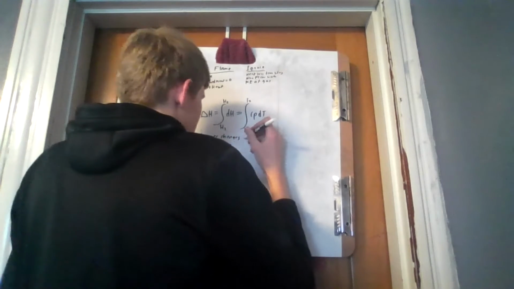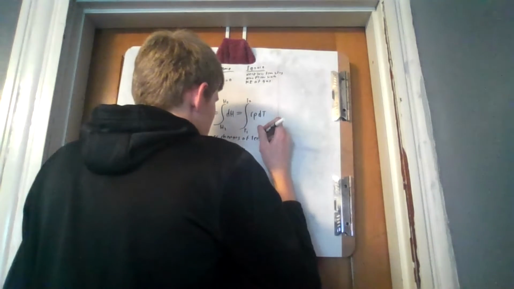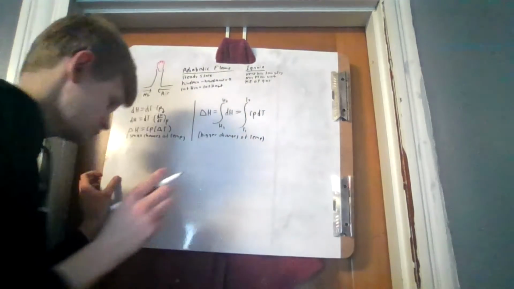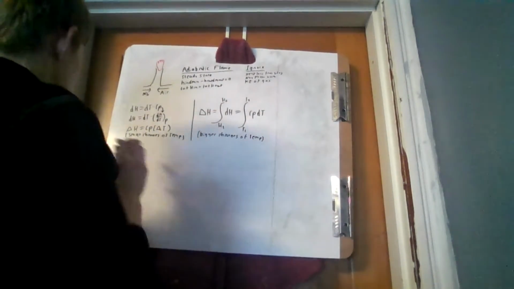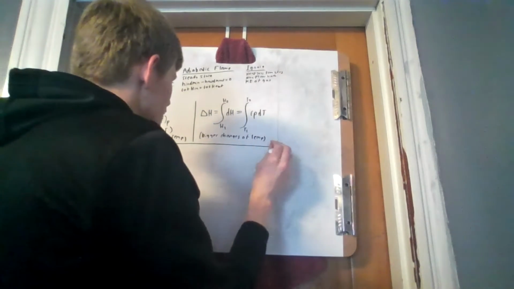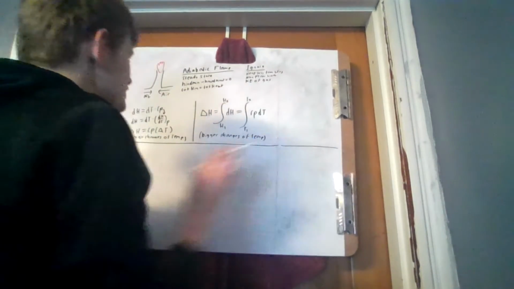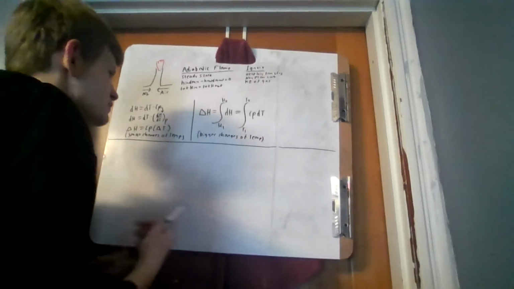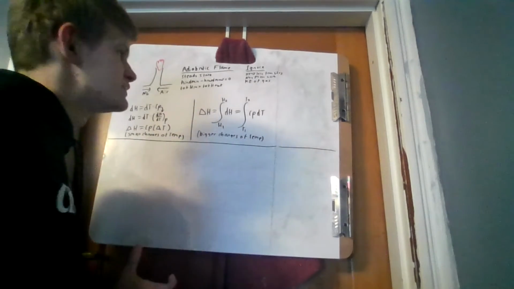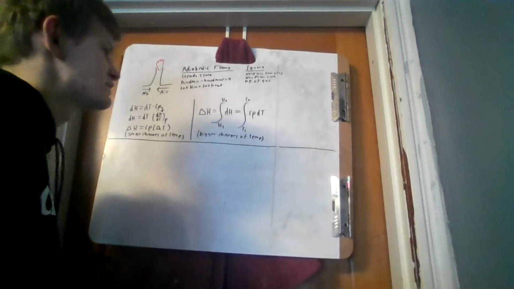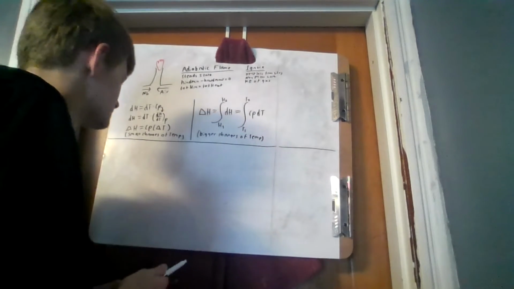So we'll just write this out as so. This equation represents our bigger changes, because with heat capacity, our heat capacity will change as we grow in temperature. So we need to represent that with the second equation here.